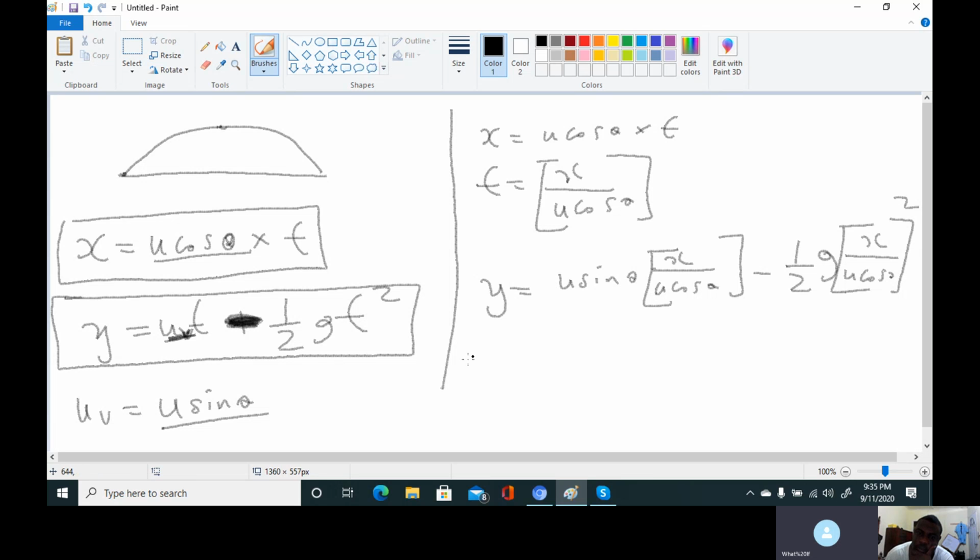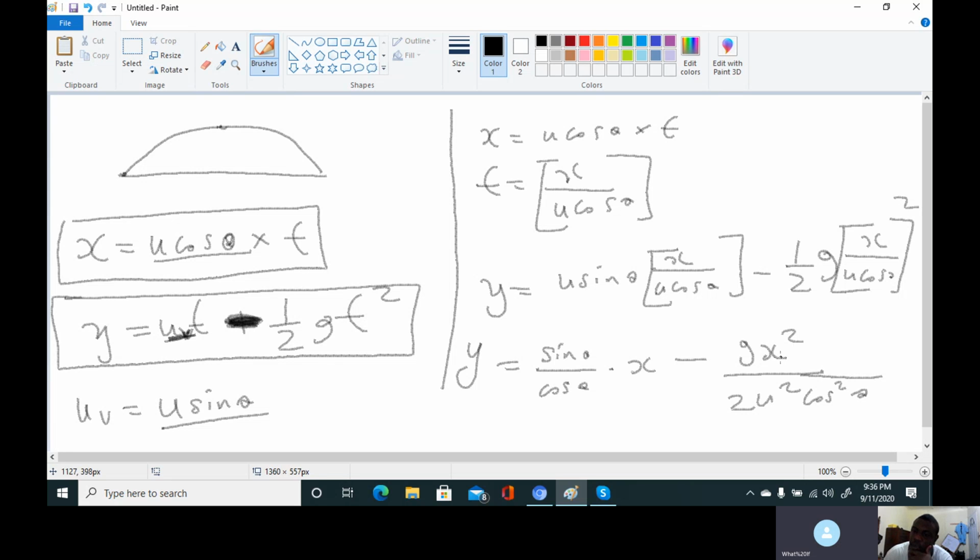So the u's cancel, and I'm going to have y is equal to sine theta over cos theta times x, minus gx squared over 2u squared cos squared theta.